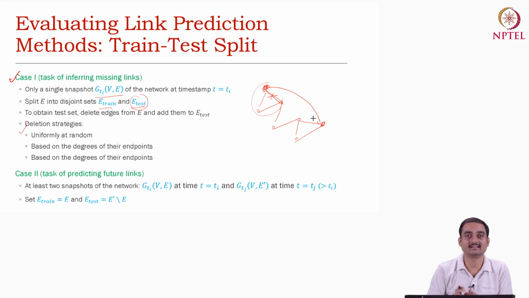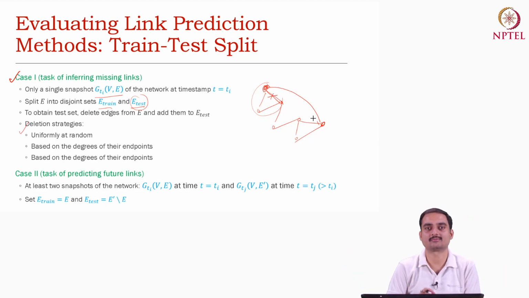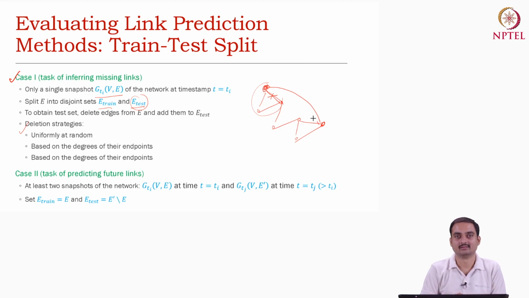But the difficulty is to predict those edges which actually connect nodes which are otherwise far apart from each other. So how to divide E train and E test is important to consider.